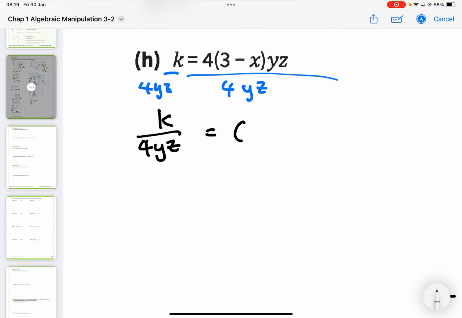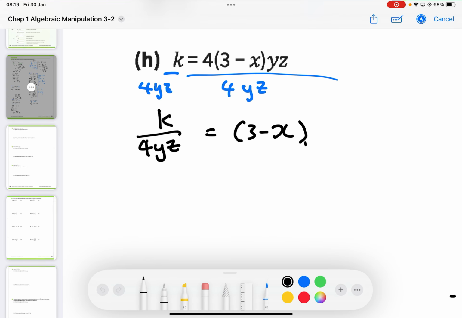Right hand side I'll be left with 3 minus X. Because I can cancel away the 4, I can cancel away the Y, I can cancel away the Z. So without anything else, don't need to put the bracket already.